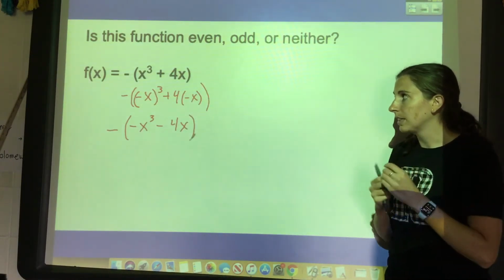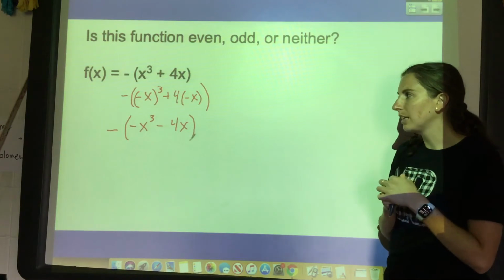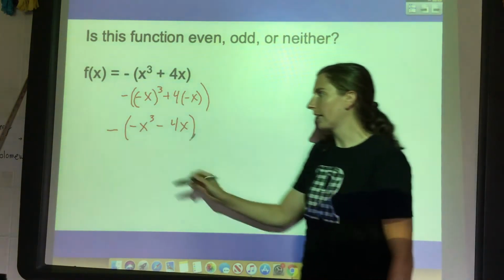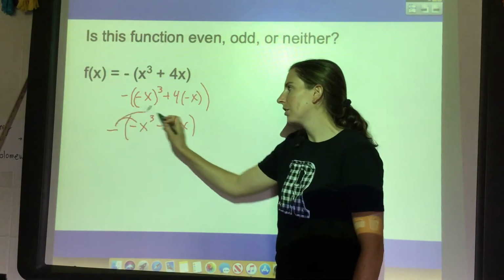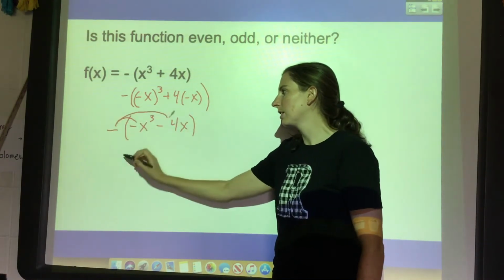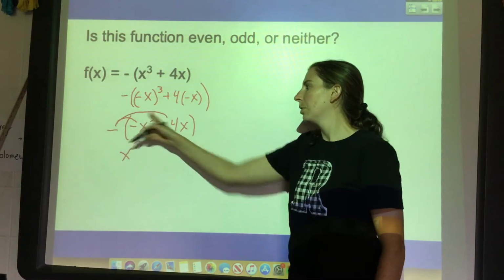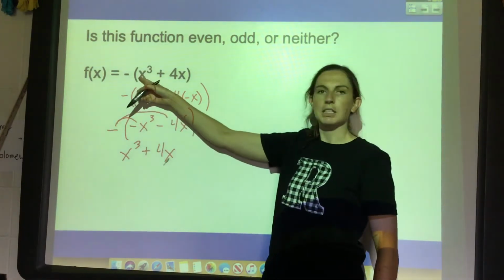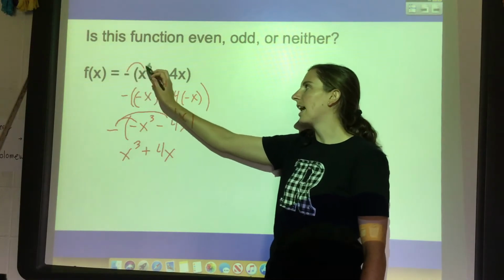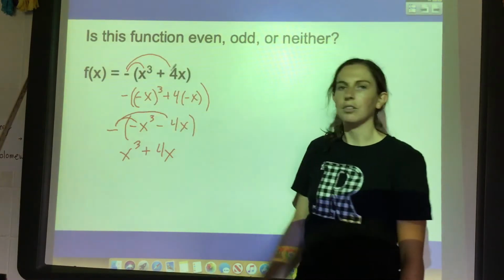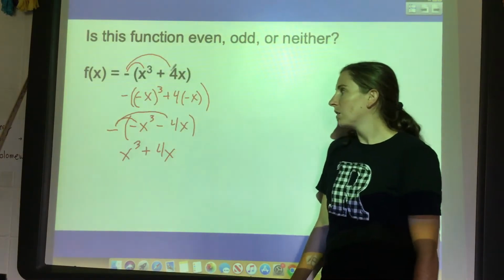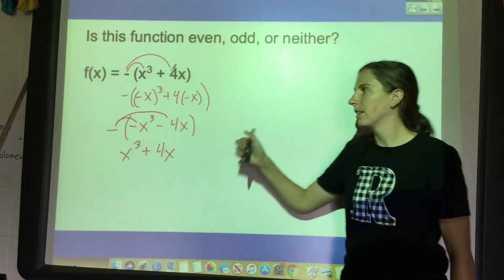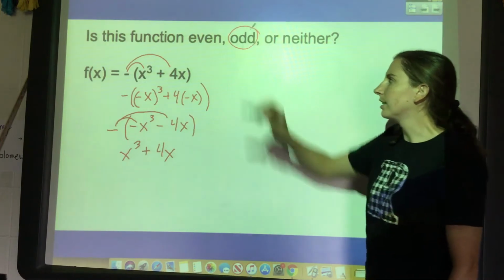So notice this one actually did come out completely negative of what we started with. If you wanted to think about distributing this negative, you would end up with plus x cubed and plus 4x, which was exactly the opposite of what we started with, which was negative x cubed and negative 4x. So since it was exactly the opposite, everything was the opposite, this one is odd.